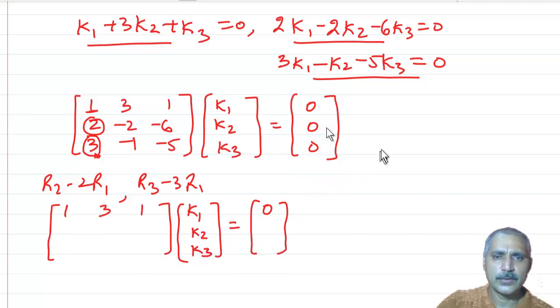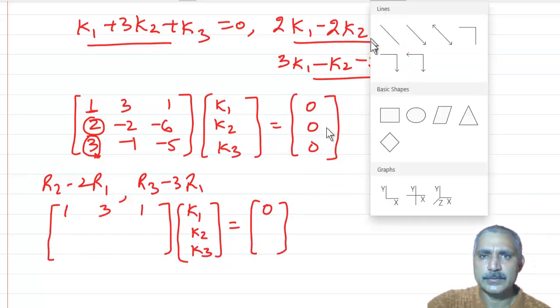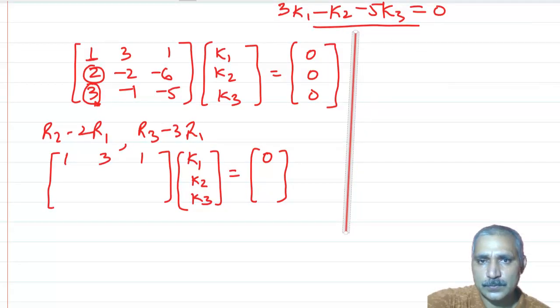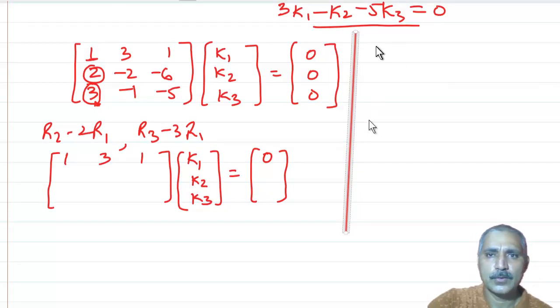Now we will be doing the rough work here. The operation is R2 minus 2 times R1.